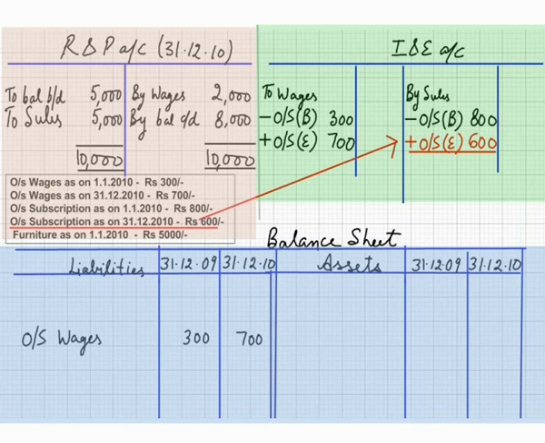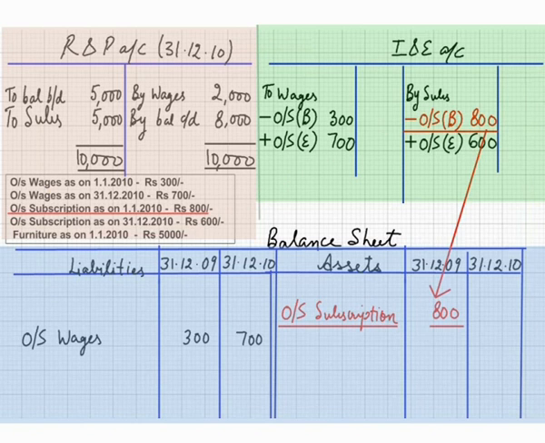And in the same way, outstanding expenses are shown on the liability side, but outstanding incomes are shown on the asset side. So on the asset side, outstanding subscription in the beginning 800 rupees and at the end 600 rupees.